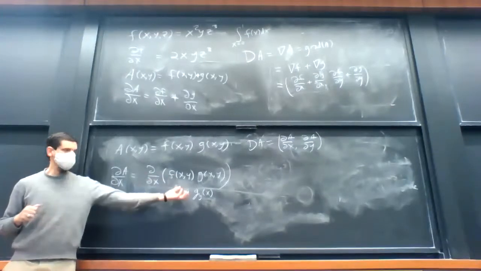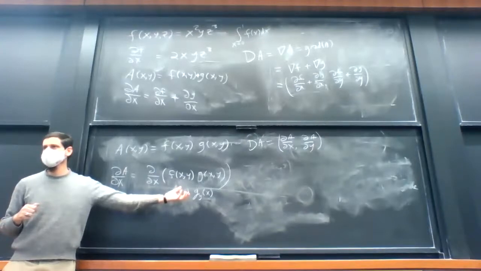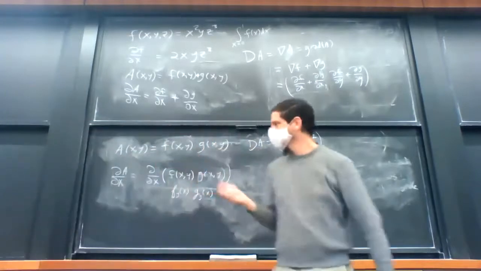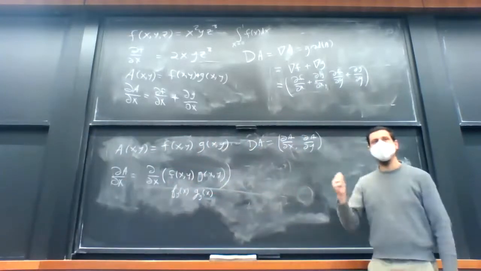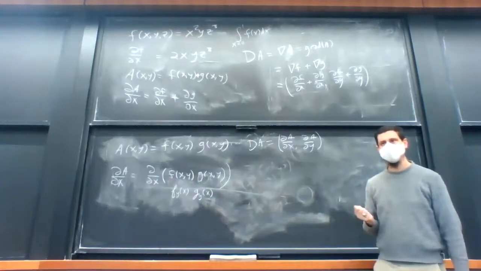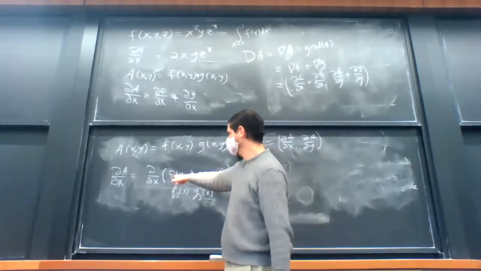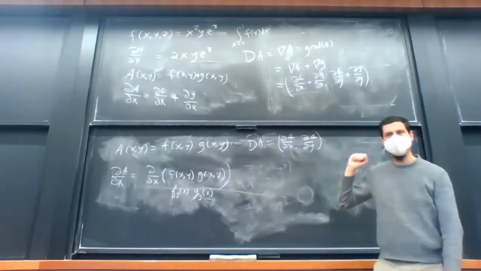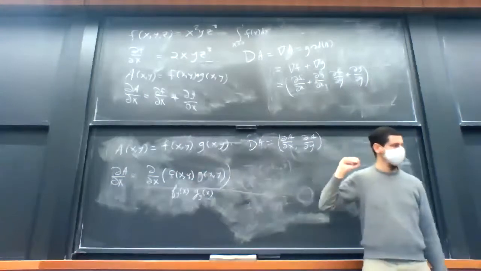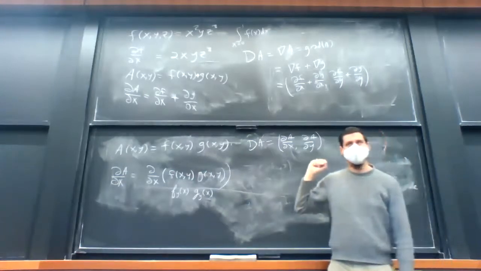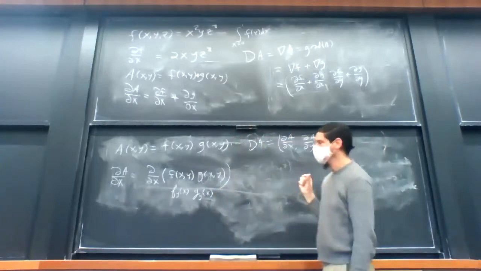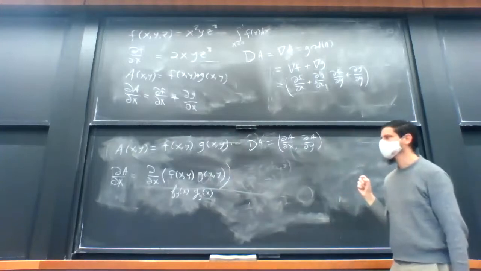How would you take the derivative of a product? It would just be what rule? Product rule. So what's the derivative of fg? It would be f prime times g plus f g prime. Except now we have to be careful. What do we mean by f prime? We're taking d/dx with f of x, y, g of x, y.